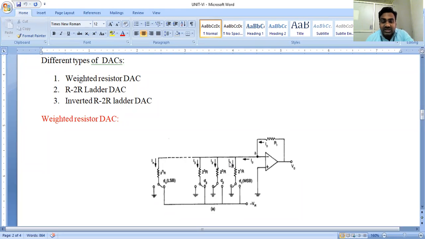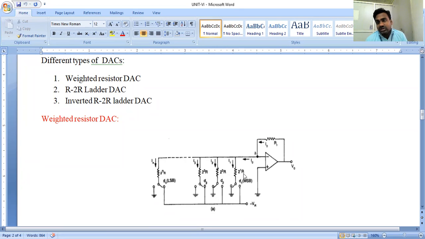If we see this construction of the weighted resistor type digital to analog conversion, it looks like an inverting type operational amplifier, because a series of resistances are connected to the inverting terminal of the operational amplifier.